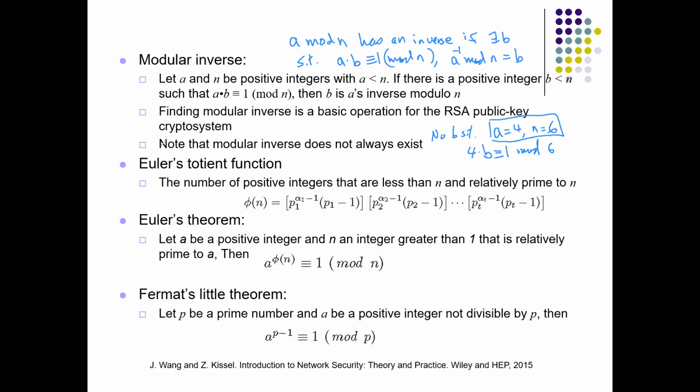All right, so what we want to know here is when this inverse exists. So Euler's theorem gives you a condition, okay? In order to define this condition, let's look at Euler's totient function.